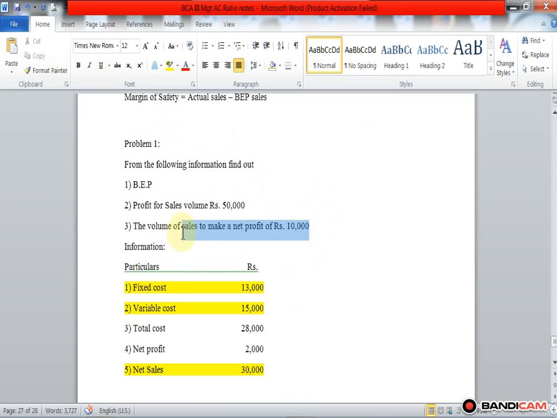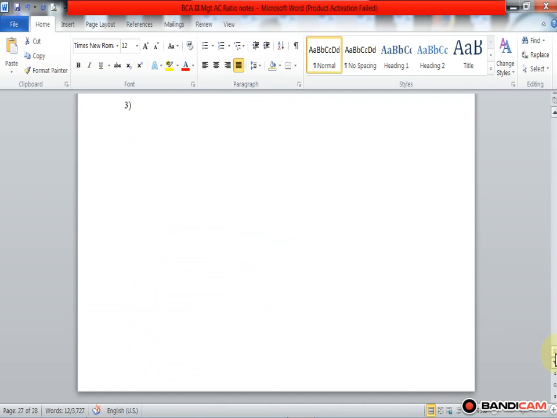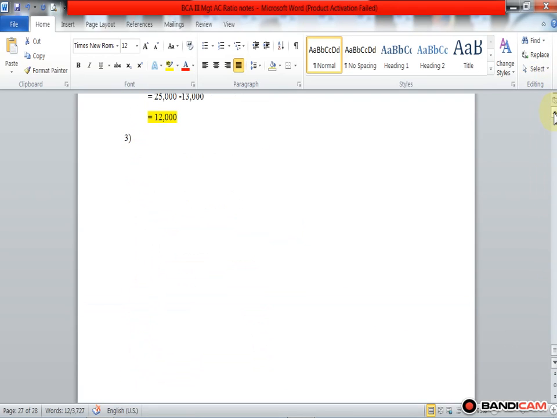Find out the sales if net profit is rupees 10,000.